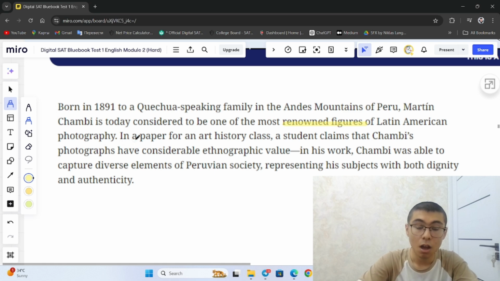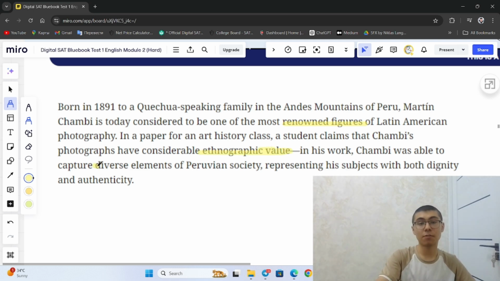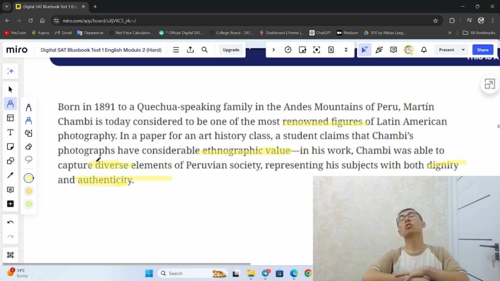Okay, in a paper for an art history class, a student claims that Chambi's photographs have considerable ethnographic value. In his work, Chambi was able to capture diverse elements of Peruvian society, representing his subjects with both dignity and authenticity. So the most important word here is capturing those diverse elements of the society.